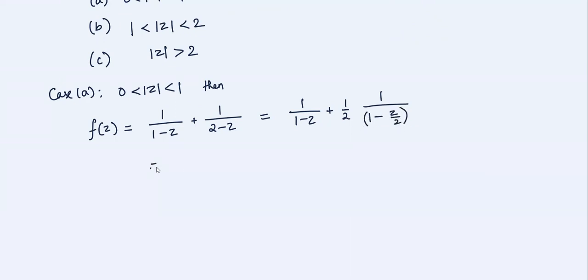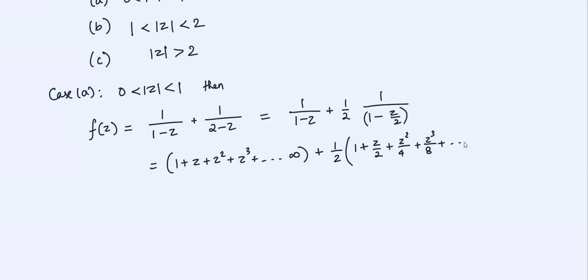So now this is a by 1 minus r, a by 1 minus r. So two geometric series. The first one is 1 plus z plus z square plus z cube, so on up to infinity. Second one is half, first 1 plus z upon 2, because r, the common ratio, is z upon 2, plus z square by 4 plus z cube by 8, so on.